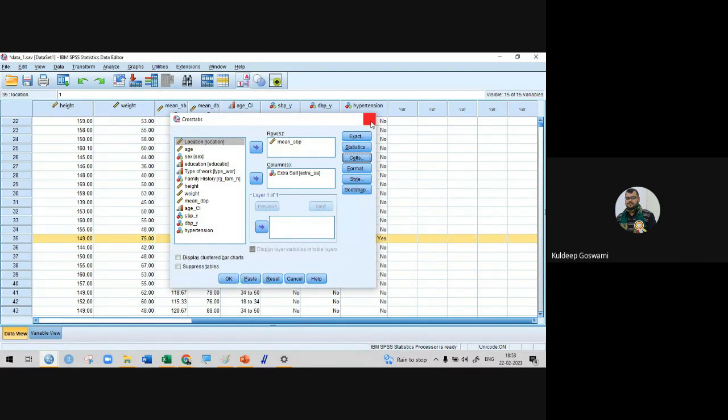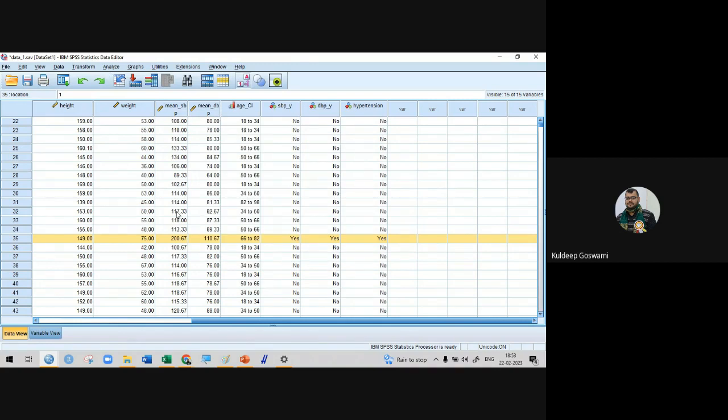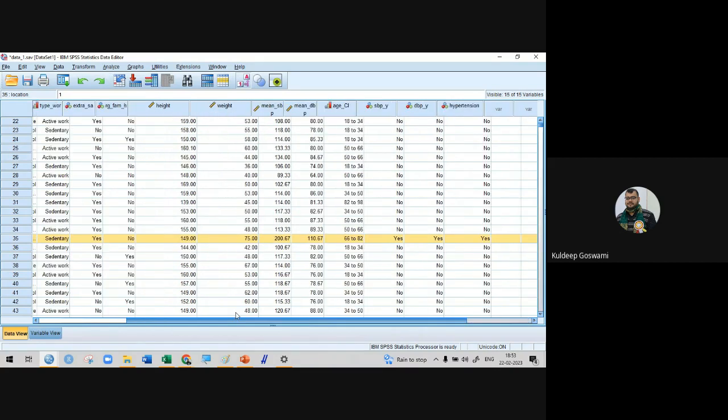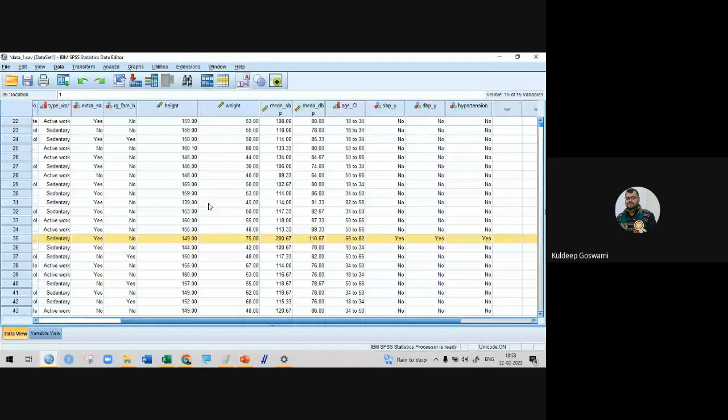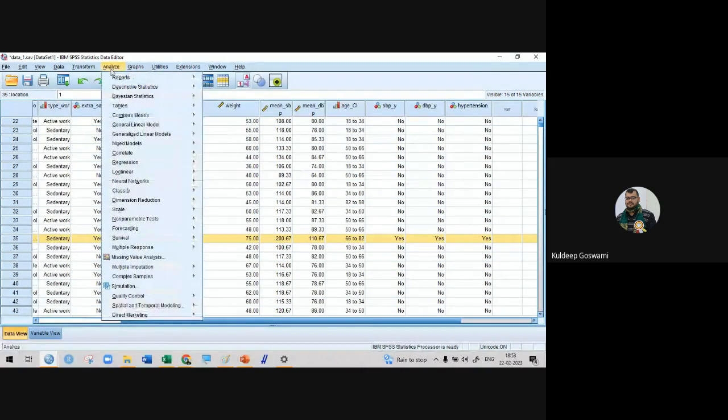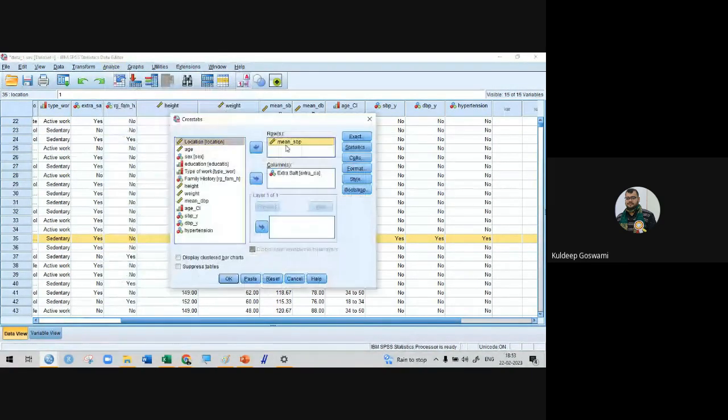Okay. Again, if you want to check, sorry, I have put some wrong example actually. Go to Descriptive Statistics, Crosstabs. I want to show you the hypertension.